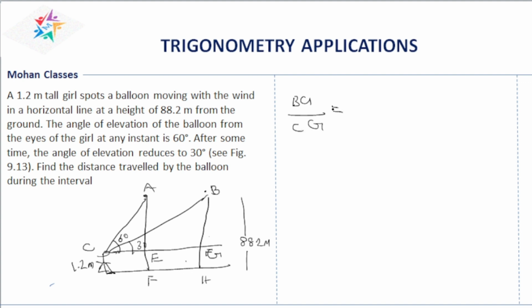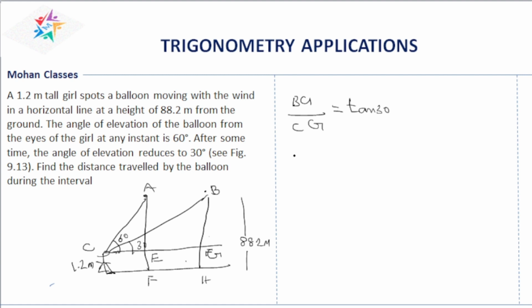BG divided by CG is equal to what? Tan 30, right? Opposite by adjacent. So what is BG? BG can be written as BH minus GH, that is 87, right? BG is equal to 88.2 minus 1.2.